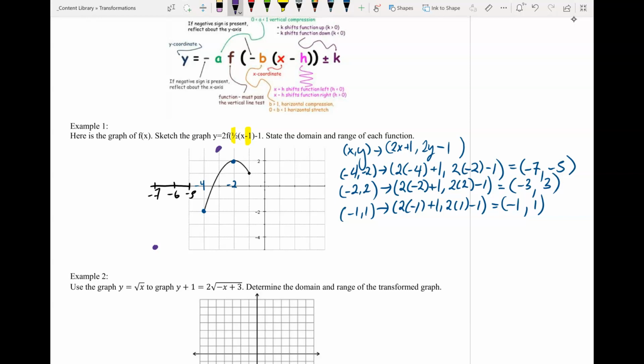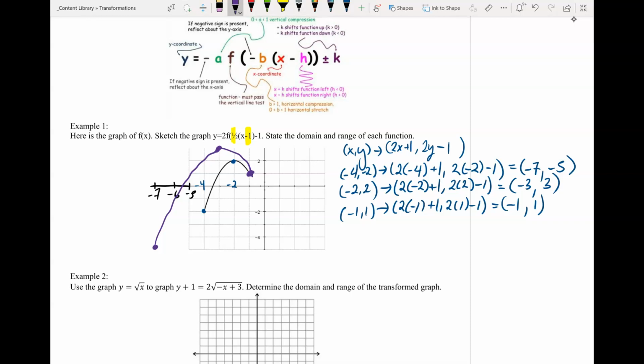And -1, 1. Then we're going to connect our points from our most left point to our most right point. And that is our transformed graph.